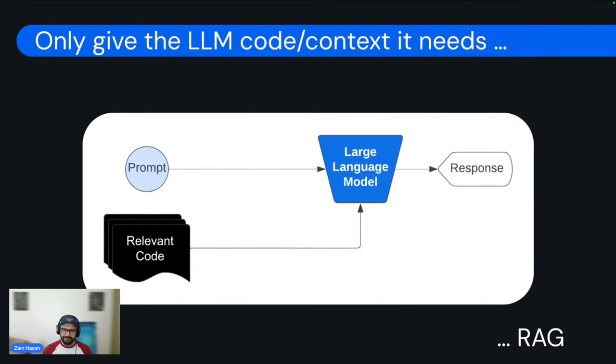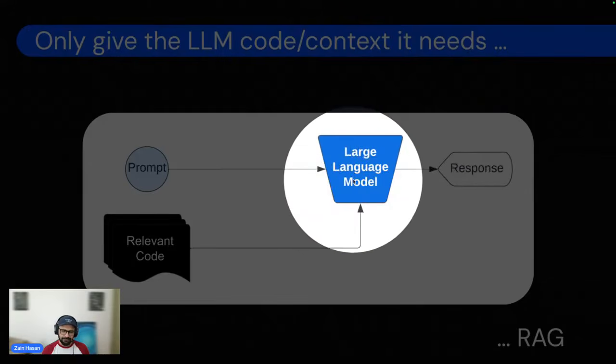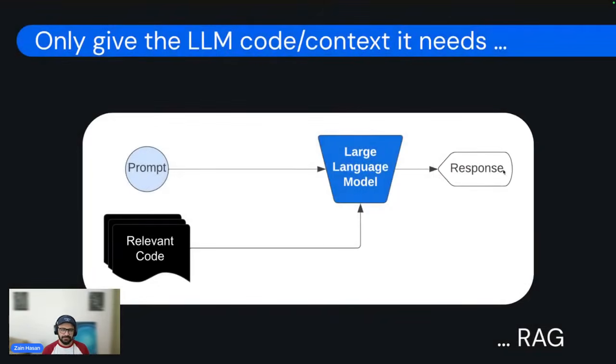And this is just another way to say that we want to do RAG over a code base. Right? A code base could be millions and millions of lines of code, and we only want to extract out the chunks of a code base, the functions or the methods, that are relevant for the language model. And that's exactly what retrieval augmented generation is, right? I'm retrieving the relevant code from my code base, and then I'm stuffing it into the context of the language model so that the response could be more relevant.